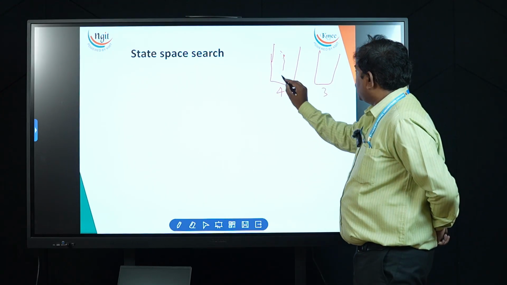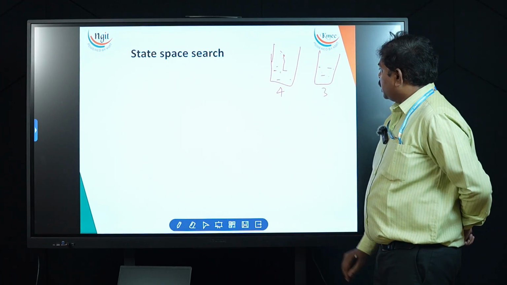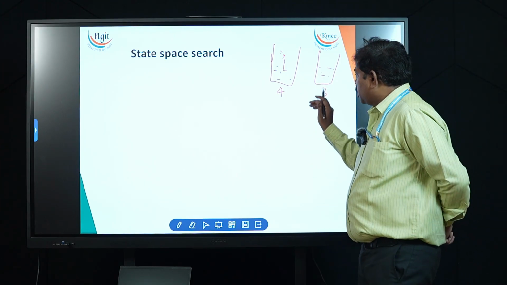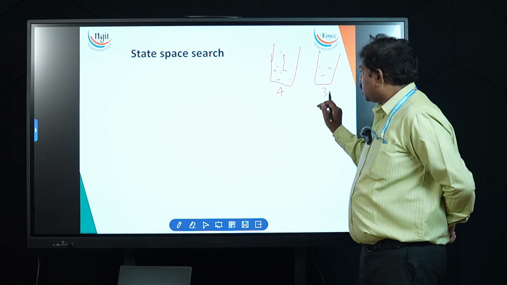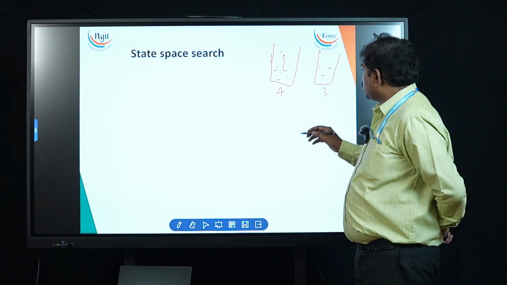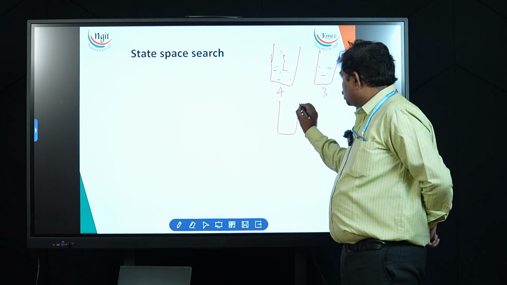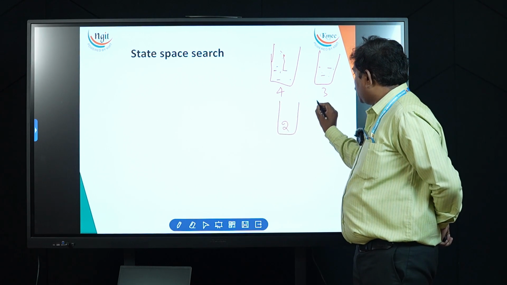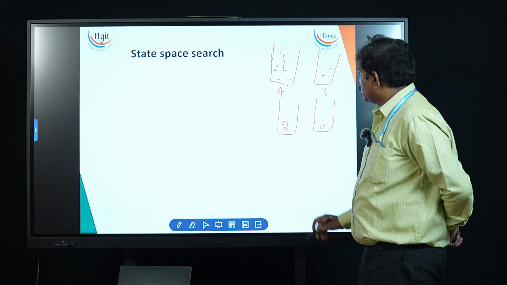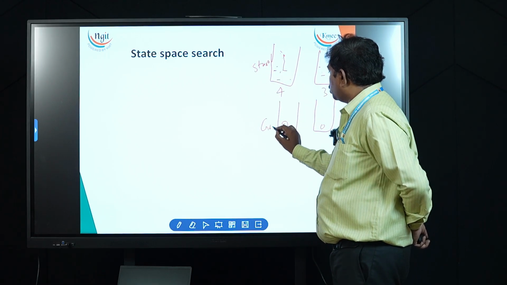And there are no markings or measurements on these jars. Here my problem is, without any markings or without taking any other third party help, just with the water pouring on the ground, I have to fill the first jar with 2 liters. And the second jar can be anything like 0 or any other. So this is my start state and this is my goal state.